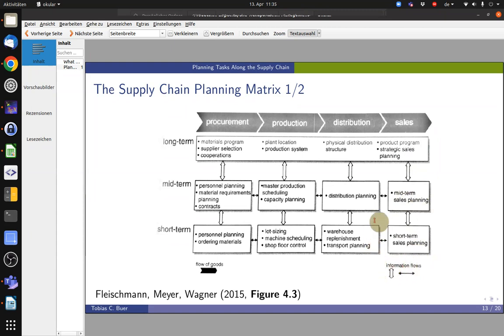Make also sure that you understand that there might be more flow of information than is actually indicated by these arrows.